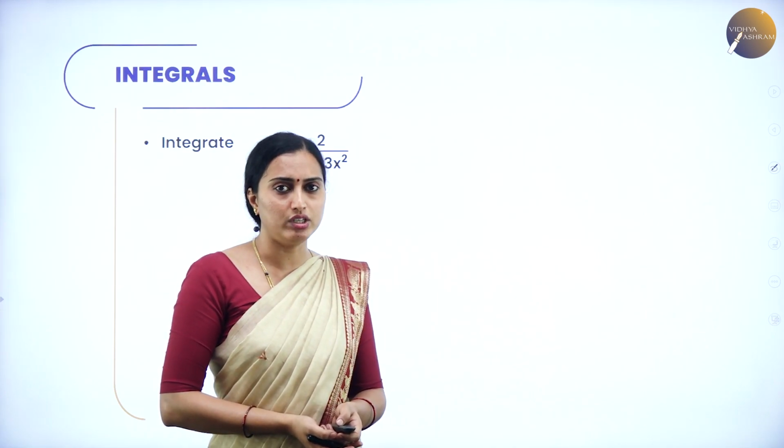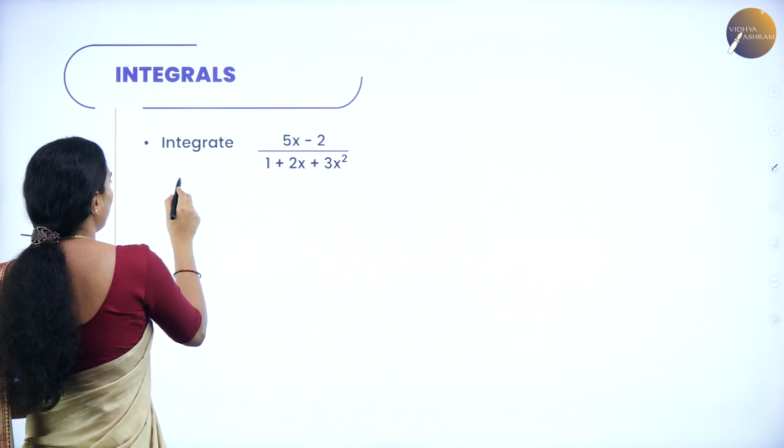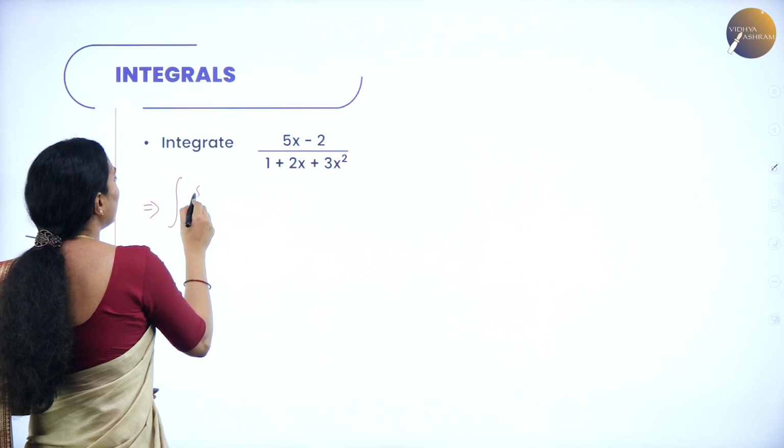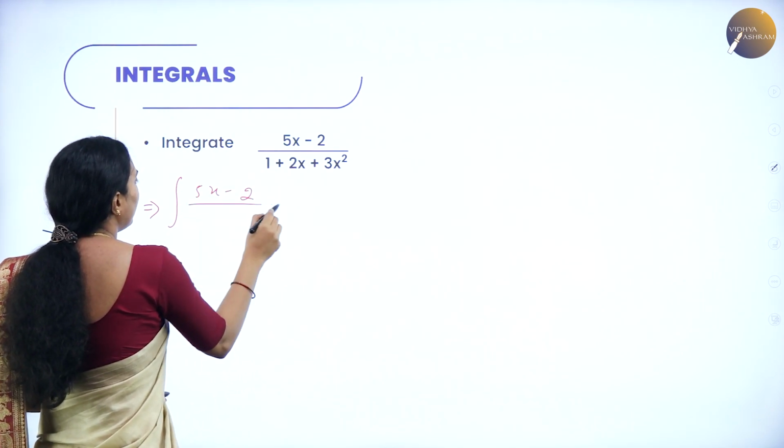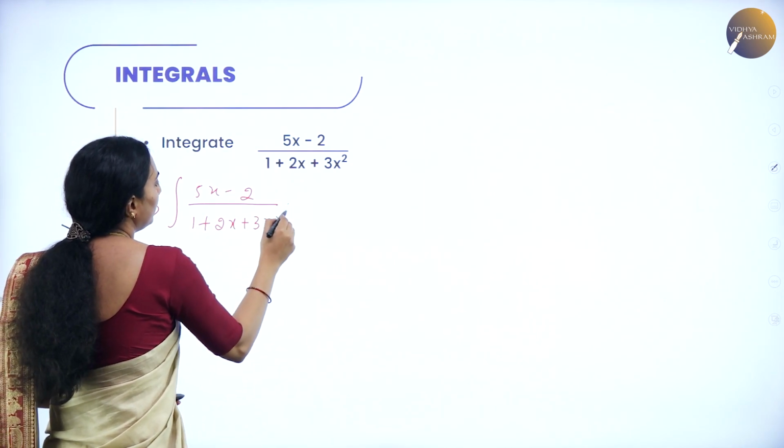So what am I going to do here? First write this symbolically: integral of (5x minus 2) divided by (1 plus 2x plus 3x squared) into dx.